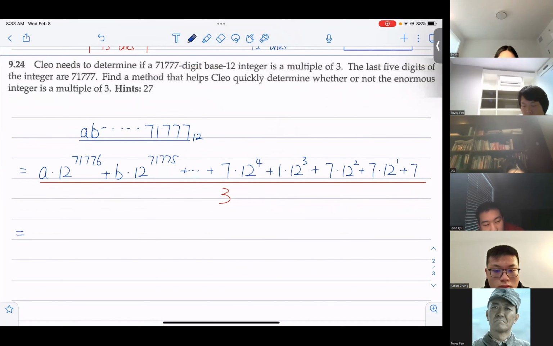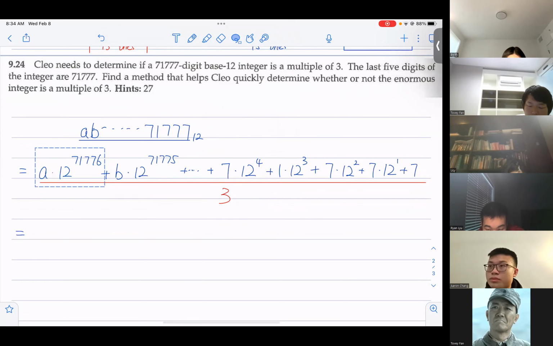Exactly. Very good. Okay, so Ryan said that only the unit digit cannot be divided by 3, right? Because when you divide it by 3, you're dividing each term by 3, right? Dividing by 3 is the same as times 1/3. So you're going to times each term by 1/3.